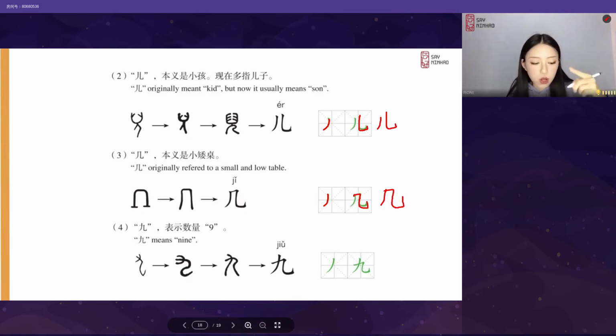And jiu looks like ji, but it is different in this part. Jiu, 9, is first a left turning and then cross it. Try left turning and a horizontal turning curved hook. This is jiu. Okay, 4 new single component characters for today.